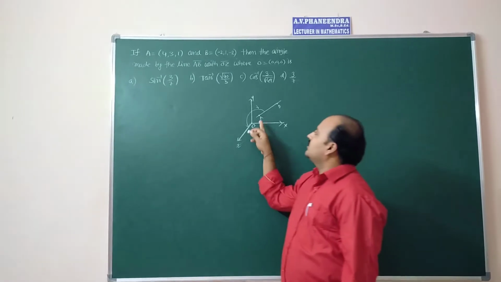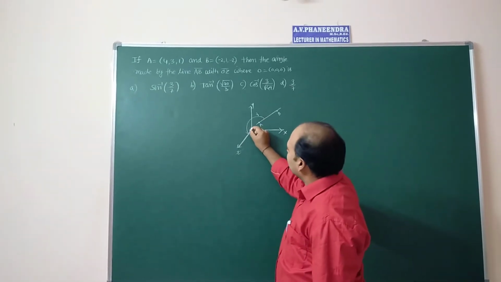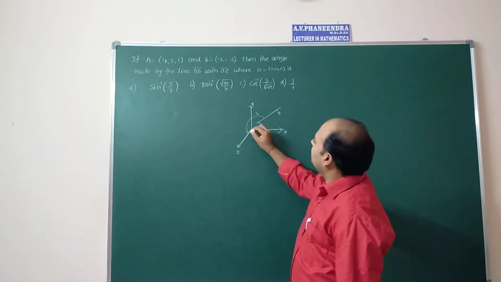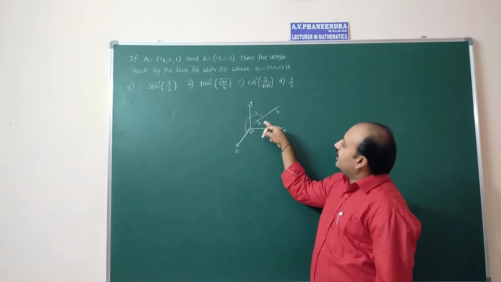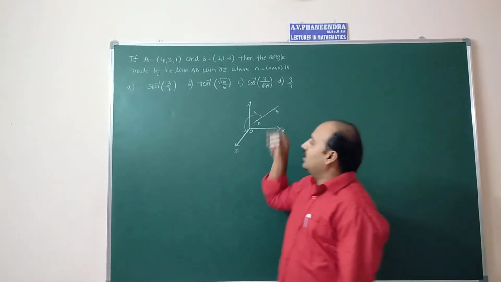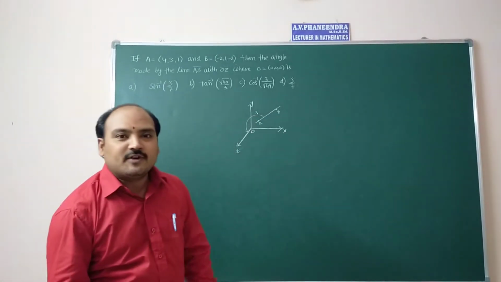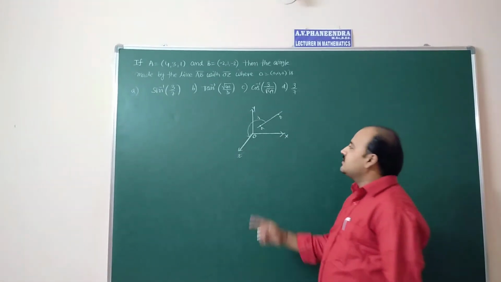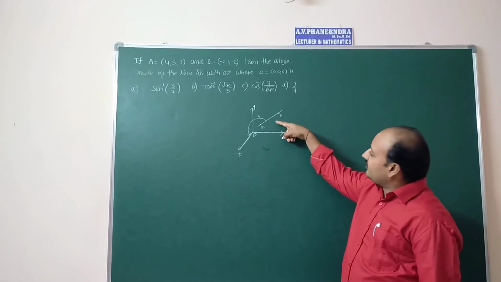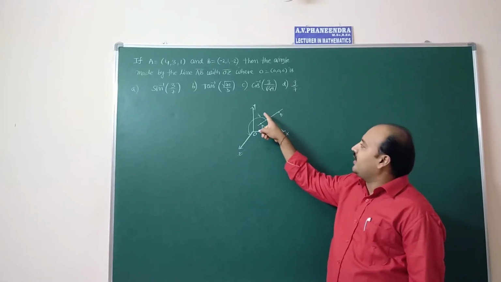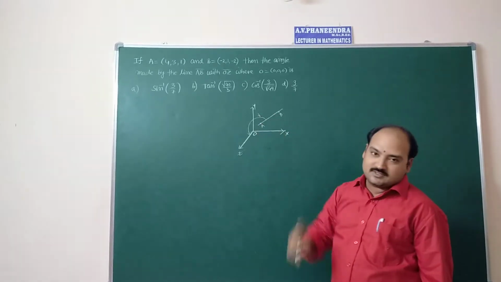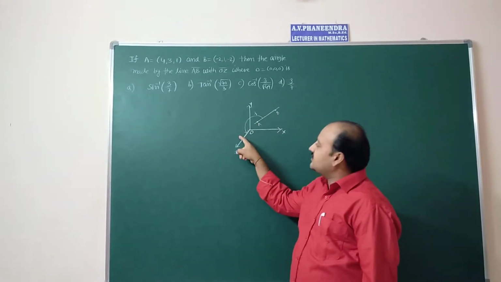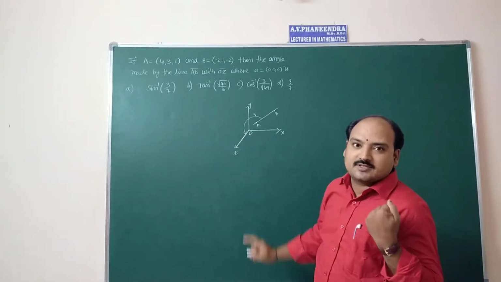You have to imagine it, it is not exactly like this, the z axis will be like this. So the angle made by AB with the z axis is gamma. According to the definitions of direction cosines, cos alpha is for the angle made with the x axis, cos beta for the angle made with the y axis, cos gamma for the angle made with the z axis.